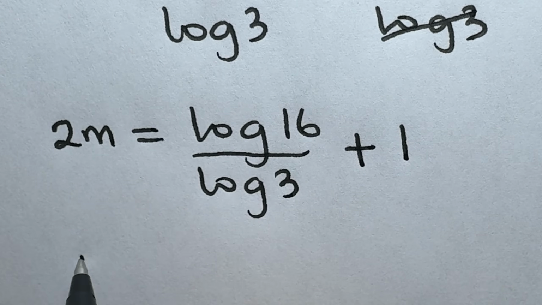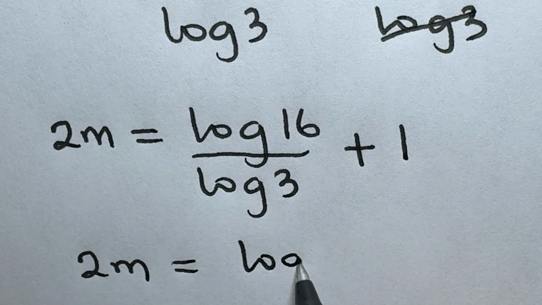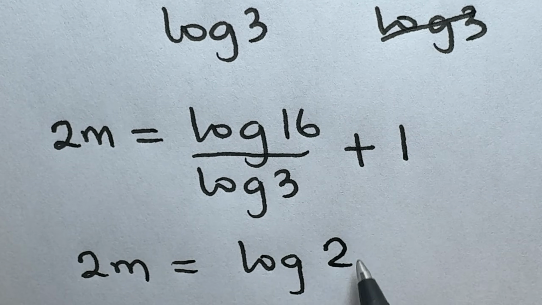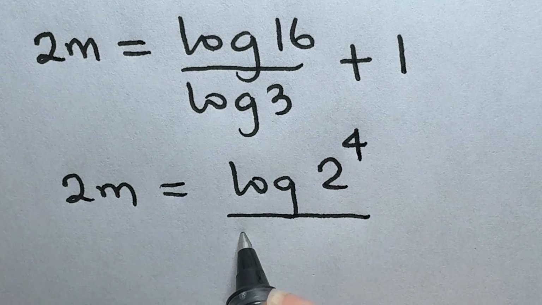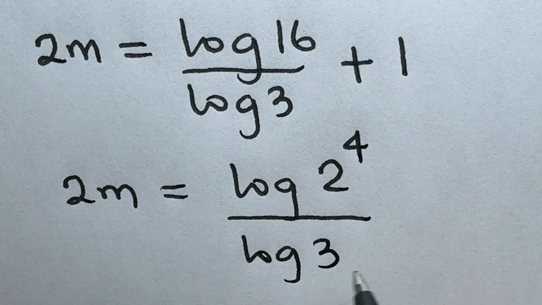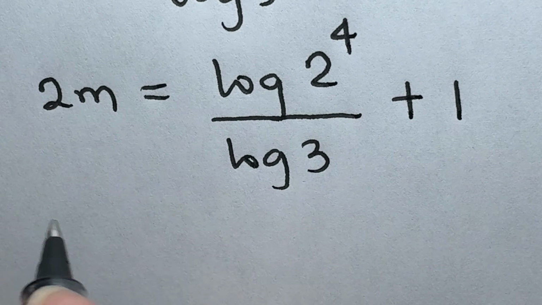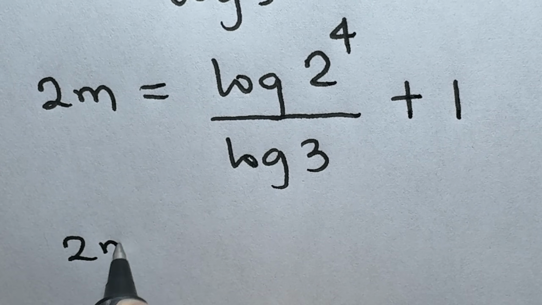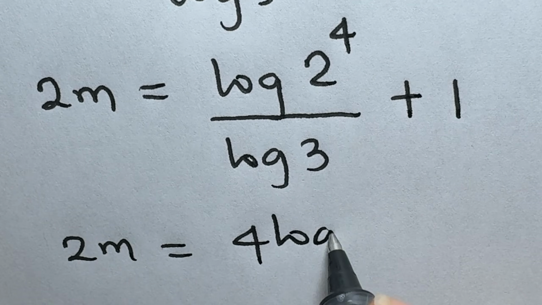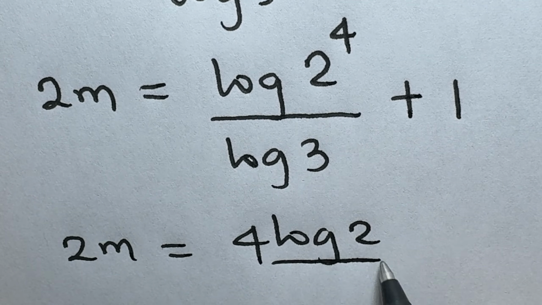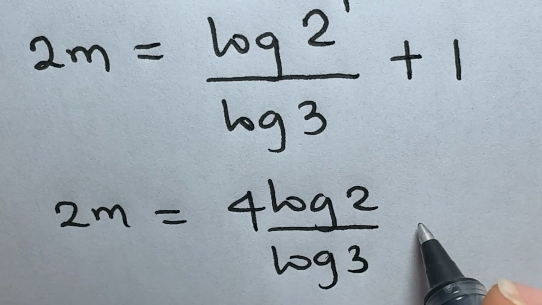I can still write this as 2m is equal to log of 16, which is 2 raised to power 4, then divided by log 3 plus 1, which will now be 2m is equal to 4 log 2 divided by log 3, then plus 1.